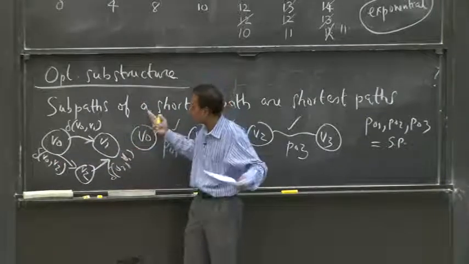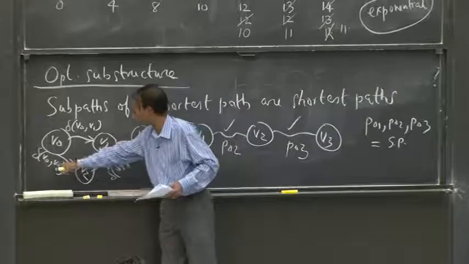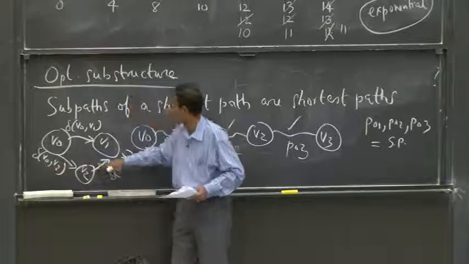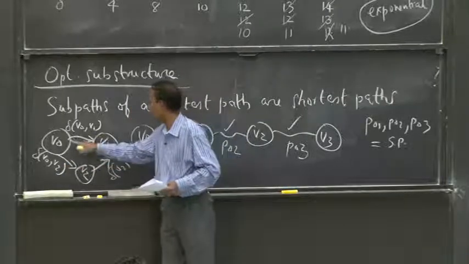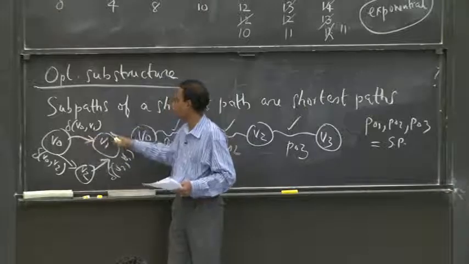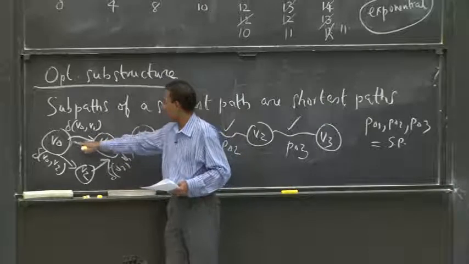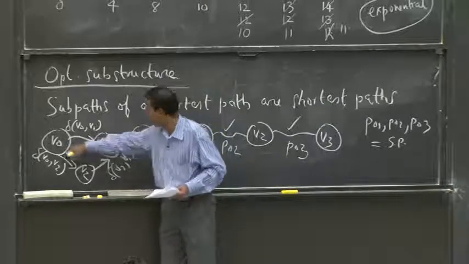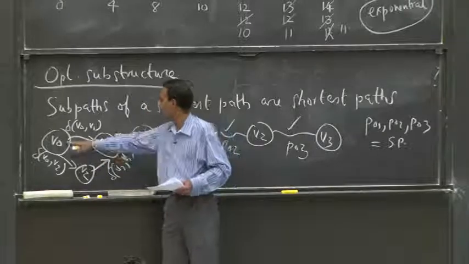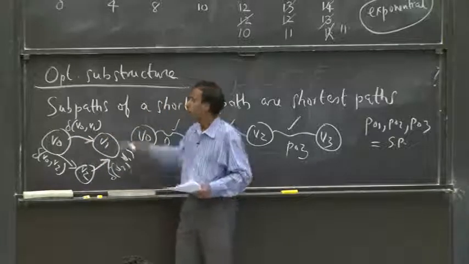Okay? And that, again, makes sense because if this plus this were smaller than that, well, remember I'm talking about paths here, not edges. And the better way of getting to V1 would be to go through V2 rather than following this path up on top.